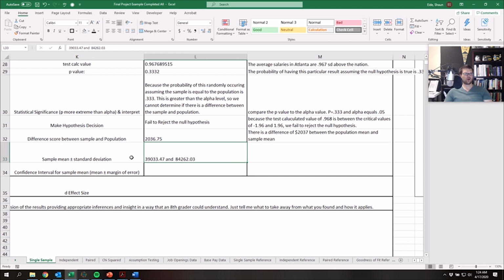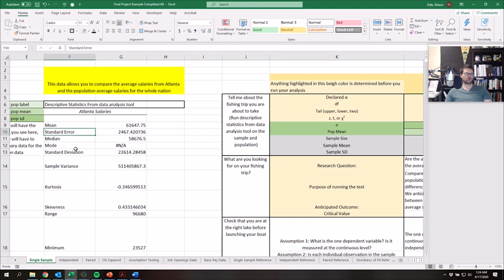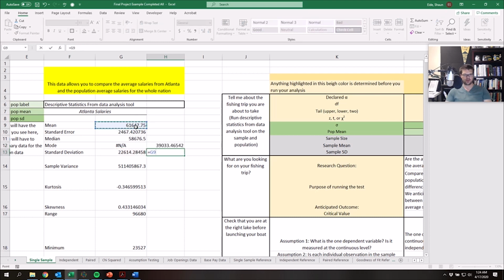Okay, so what is the sample mean plus or minus the standard deviation? So let's come over here to the sample mean. We've got the sample mean right here, and then we've got the standard deviation right here. So we've got equals the mean minus the standard deviation. Then we've got equals the mean plus the standard deviation.